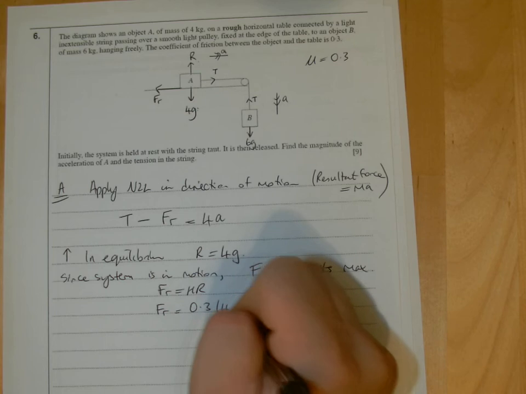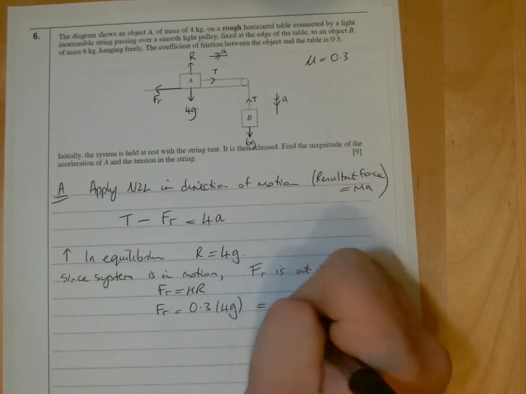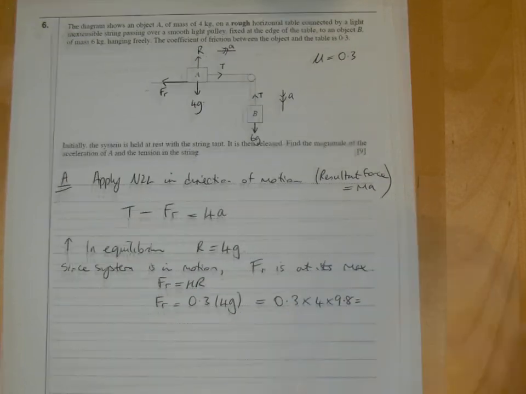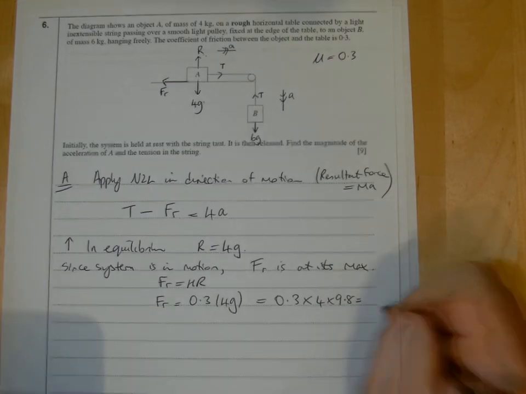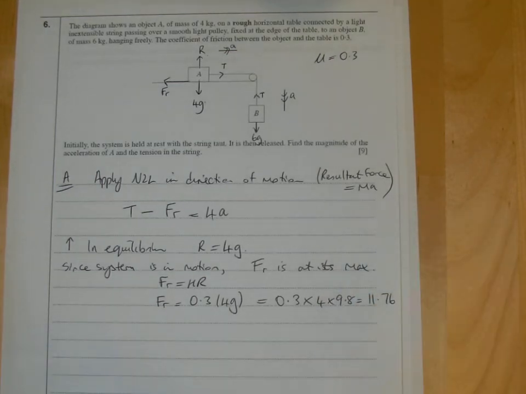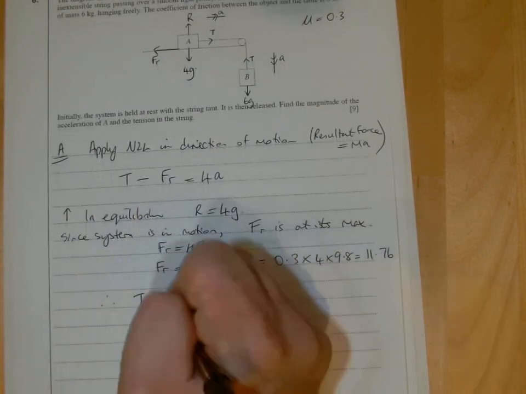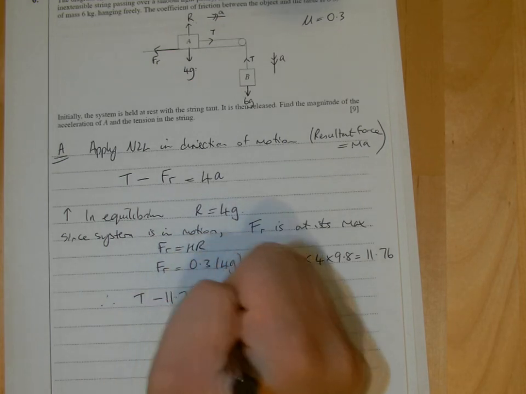So we can work that out: 0.3 times 4 times 9.8, so I get 11.76. I can sub it back in there, so therefore T minus 11.76 equals 4a.